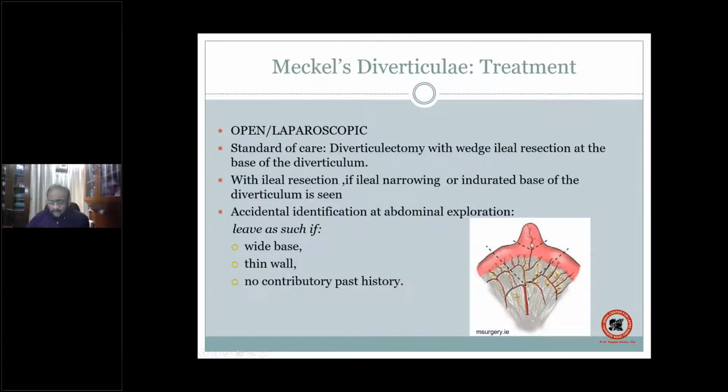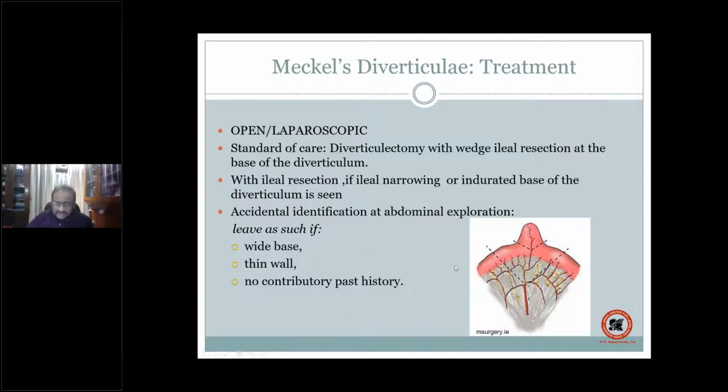Why? Because narrow based Meckel's diverticula are prone to later complications. Wide base, they don't. So if it's a wide base Meckel's diverticulum, dormant in the sense that there's no clinical symptomatology in the past, or the patient is not exhibiting any signs of inflammation on the table, leave it as such. If the wall is thin, leave it as such.